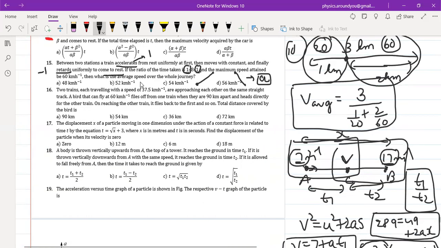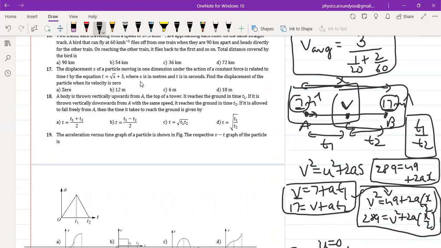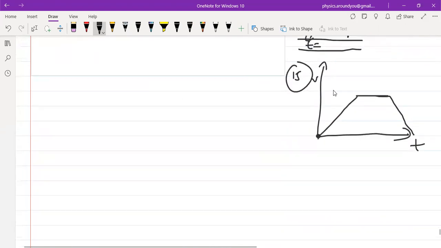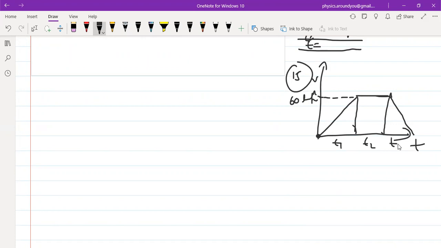The ratio of the time taken is given, maximum speed is given. This speed, the maximum that is attained in the journey, is given as 60 km per hour. And T1, T2, T3, if you say, T1 is to T2 is to T3 is 1 is to 8 is to 1.